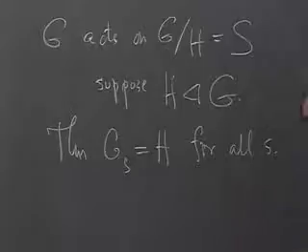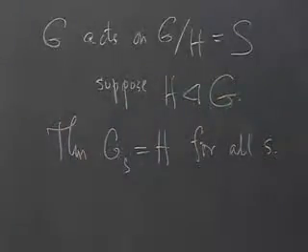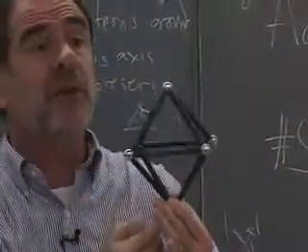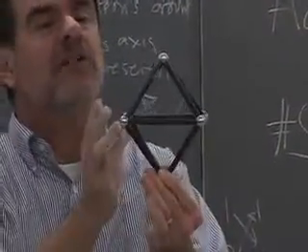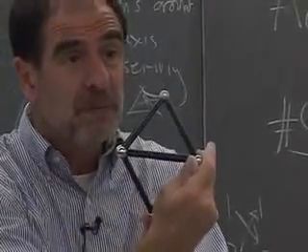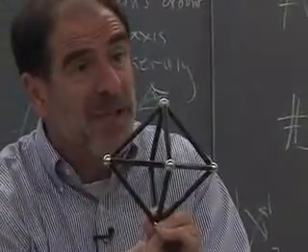Namely, the same subgroup stabilizes every point in S. It's a conjugate subgroup, but for a normal subgroup, you don't move. So what happens, and that's what's amazing, is the element in the group that takes this vertex to this vertex conjugates this subgroup of order 4 into itself. And that's why the stabilizer of this vertex is the same as the stabilizer of that vertex.